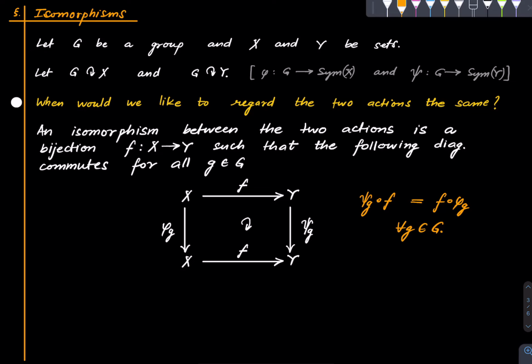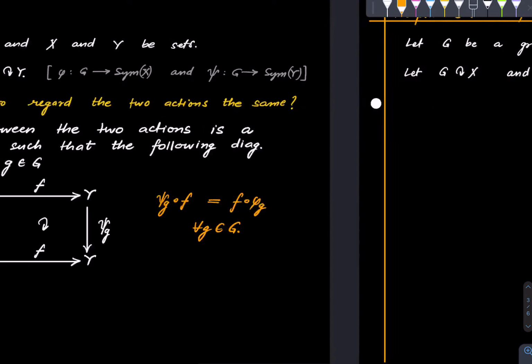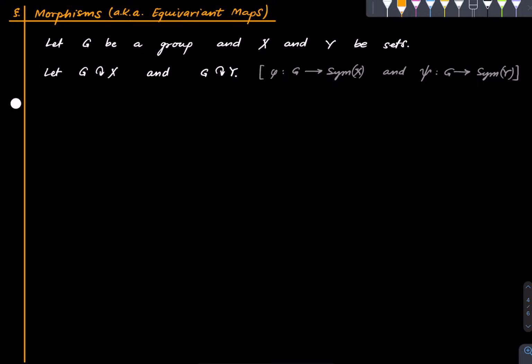And as usual, either in linear algebra or group theory or any other domain of mathematics, once we have the notion of an isomorphism, it is useful to relax the notion and get a notion of a homomorphism or just simply a morphism, as we call it. So here we are. Again, we have a group acting on sets X and Y, and let phi and psi be the homomorphisms that determine the actions.